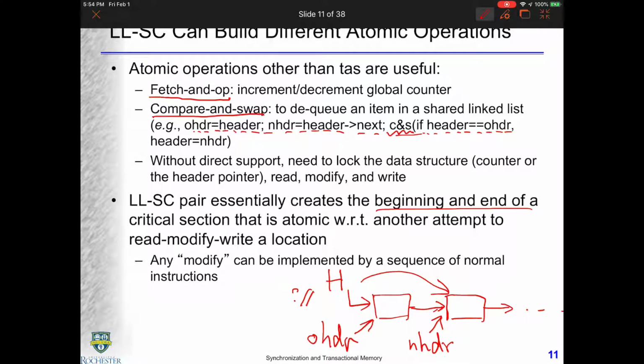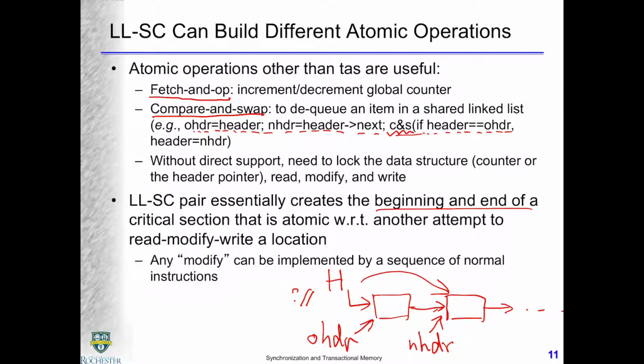You shouldn't try to wrap a long string of instructions with load link store conditional. You should use load link store conditional to grab a lock, and then you go into that critical section. So that's what we're going to assume.